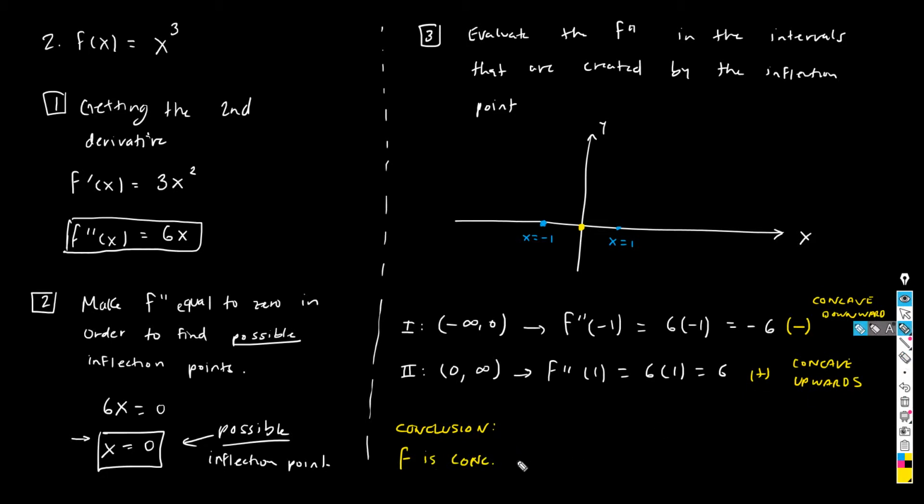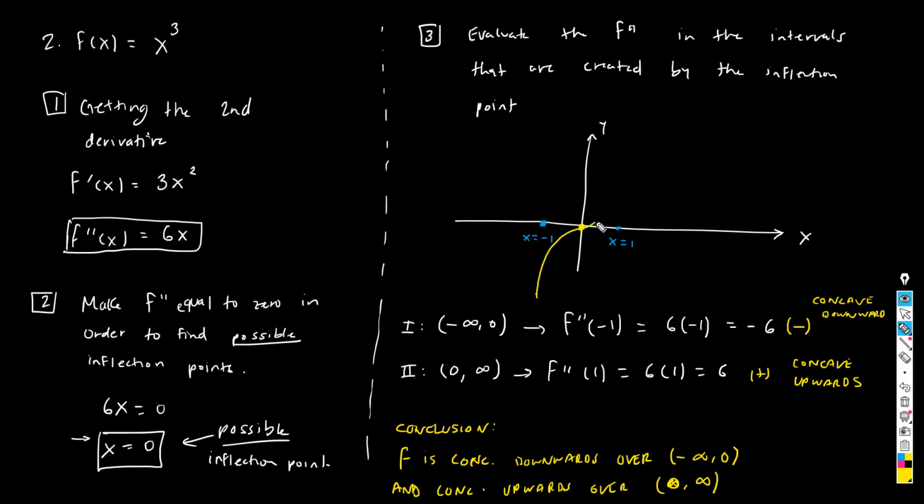Concave downwards over minus infinity to 0 and concave upwards over the interval, I'm sorry, 0 to infinity. Okay, so basically, since I already know how this one looks, and I suppose you too know how the graph of this function looks. It looks like so, right?